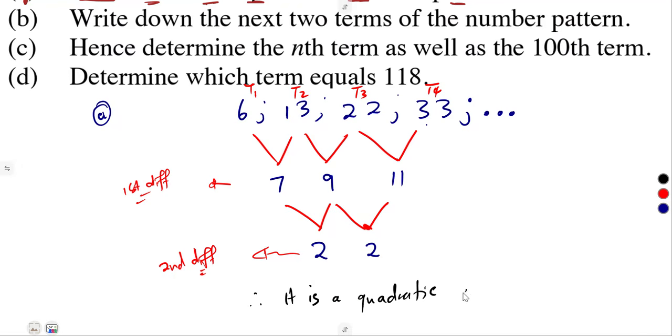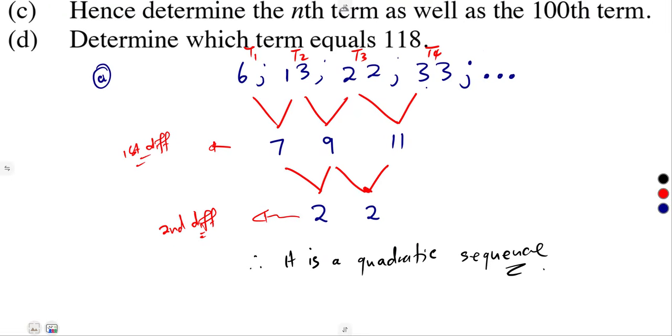That's a quadratic sequence or quadratic pattern. We must have a constant second difference. We cannot have this in any other sequence except a quadratic. It is the only one which has this property.